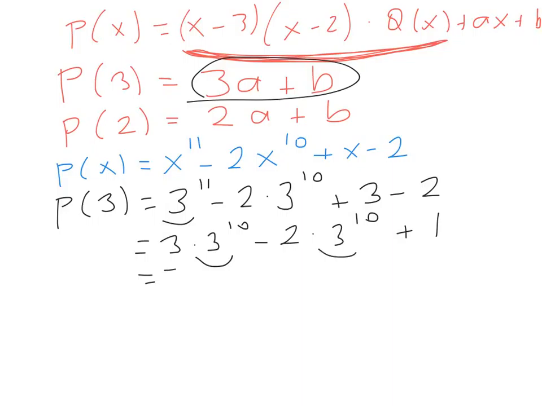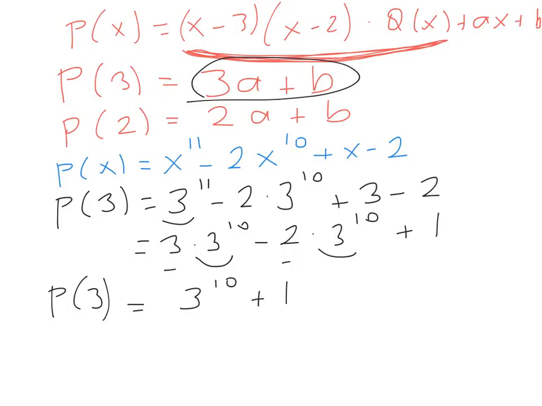So 3 minus 2 is 1. 1 times 3 to the power of 10 plus 1. I want you to have a piece of paper and a pen and record this. P of 3 equals 3 to the power of 10 plus 1.